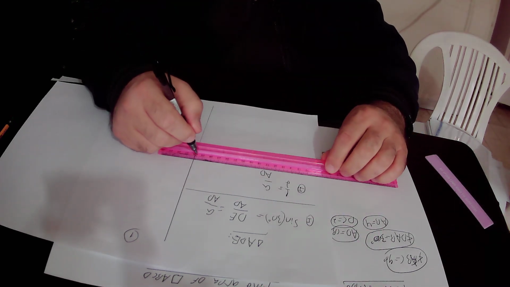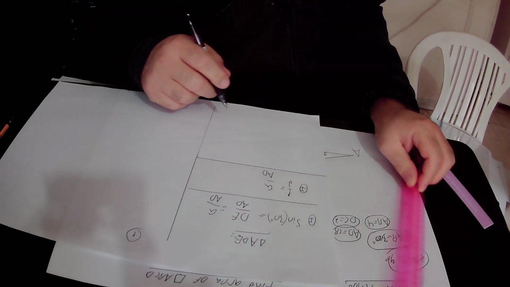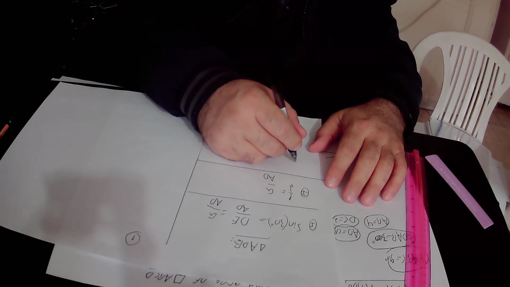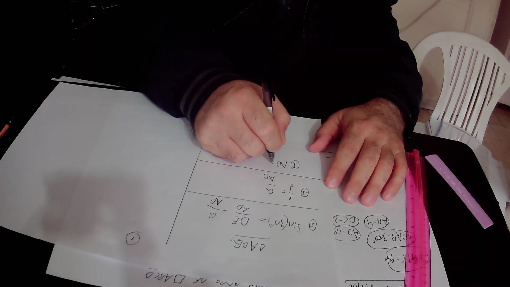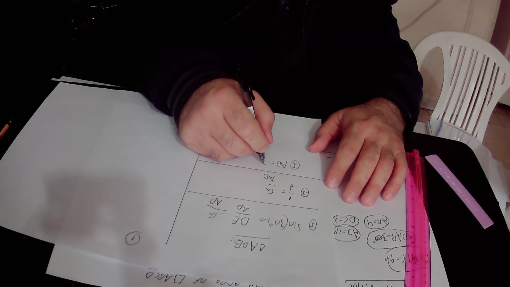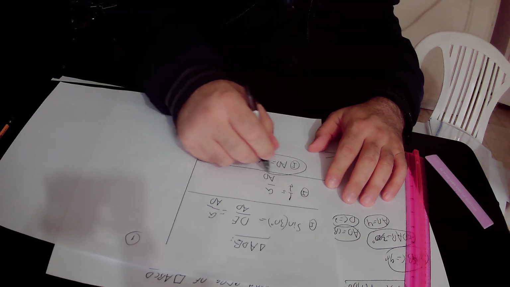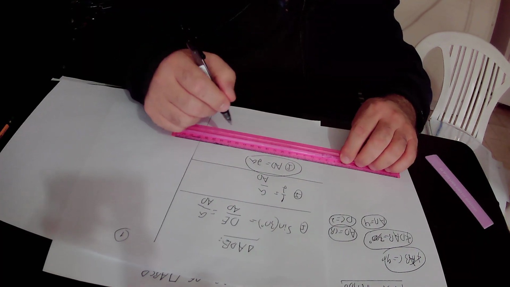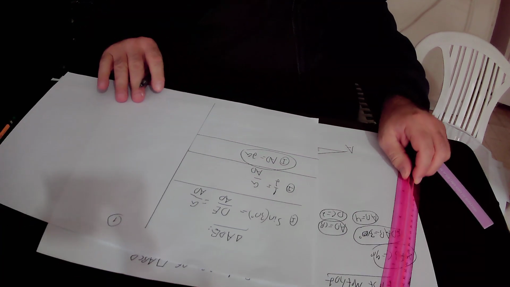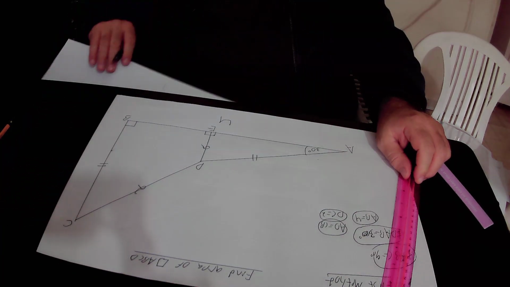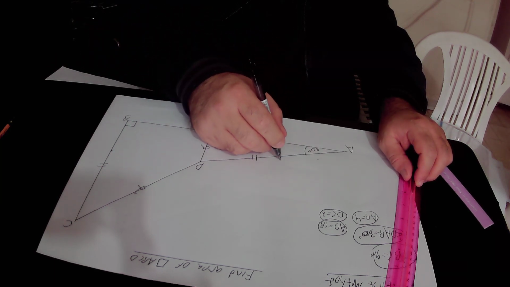Here we will cross multiply equation number 1, and we will get that AD equals 2 times A. AD equals 2A. So we can write here that AD equals 2A.